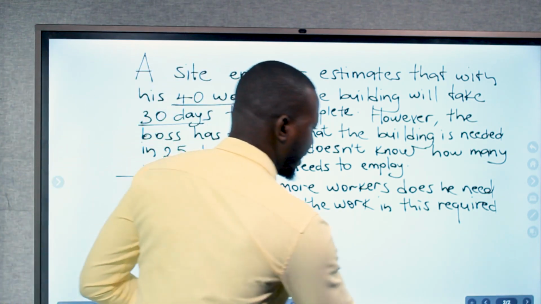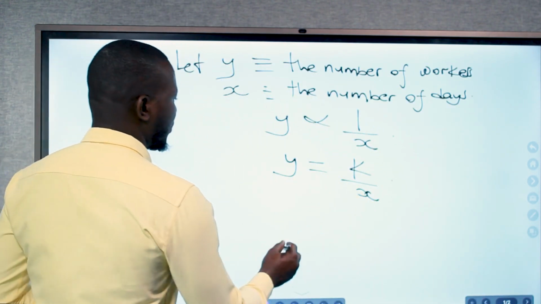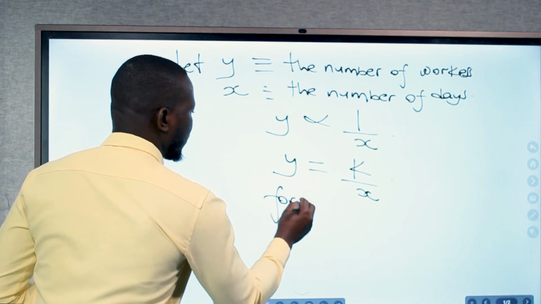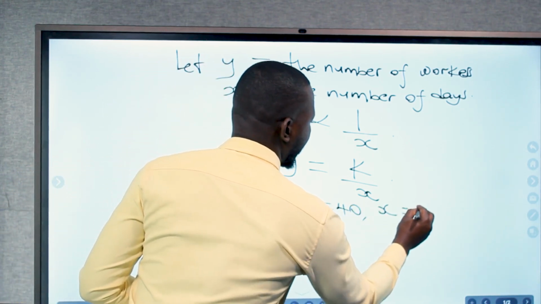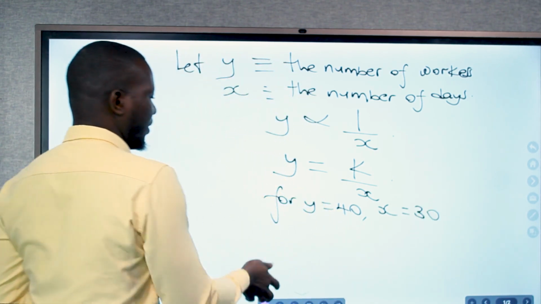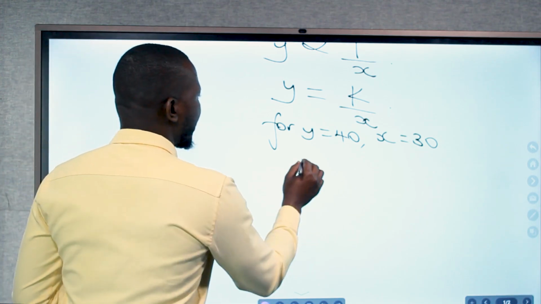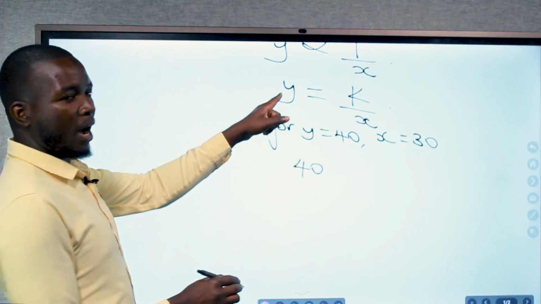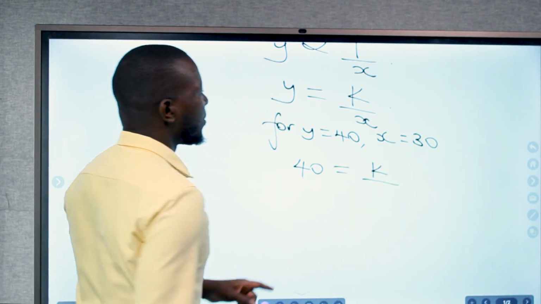You will use that information to get the value of k. You will say that for y equal to 40, x is equal to 30. Then 40, the value of y, will be equal to k out of 30.